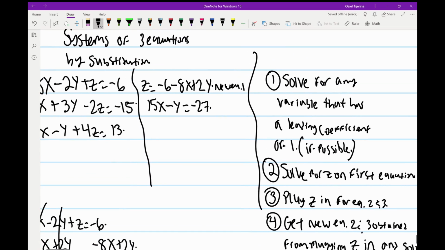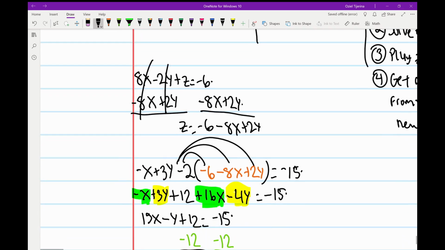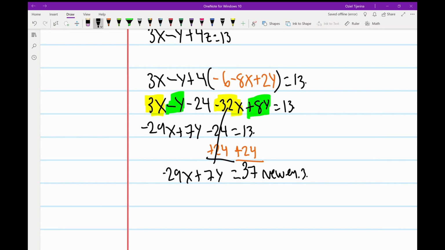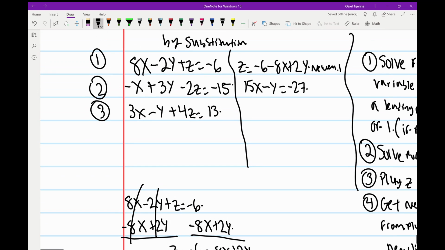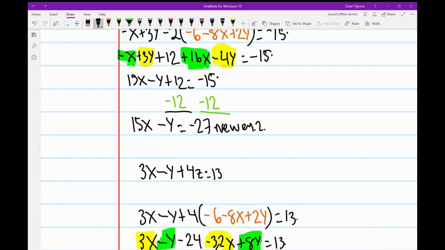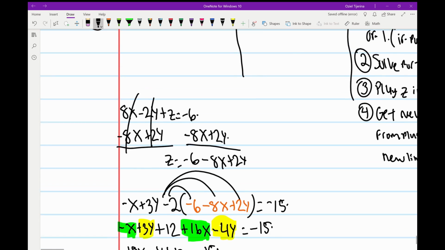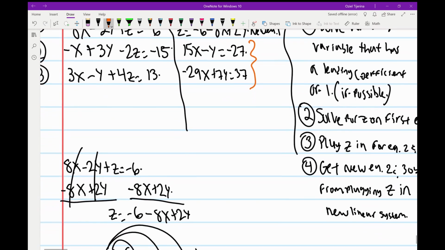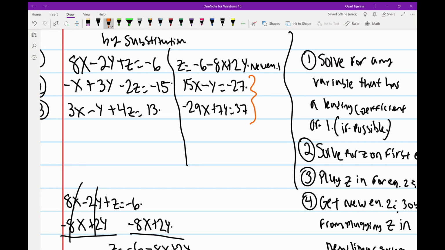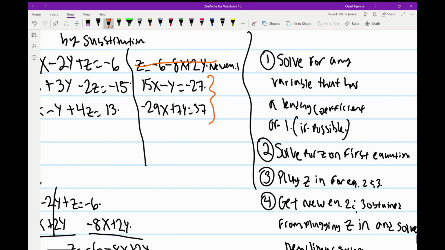So what I mean by this, we get negative 29x plus 7y equals 37. Okay, we're gonna get these two equations here, and we're going to forget this part right here already. That part is done with. We now have a new linear system here, okay?